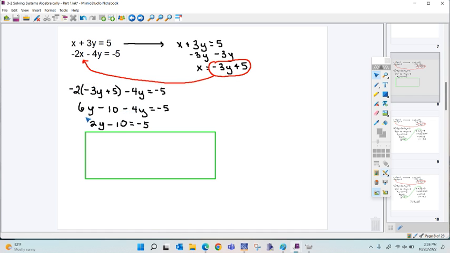Then when we simplify, 6y minus 4y is 2y. But how do we get to 6y minus 10? Because this negative 2 has to distribute to here and to here. Negative 2 times 5 is negative 10, yes.